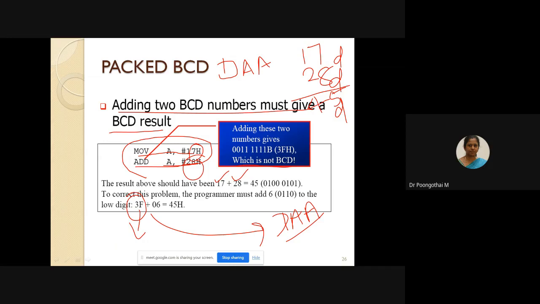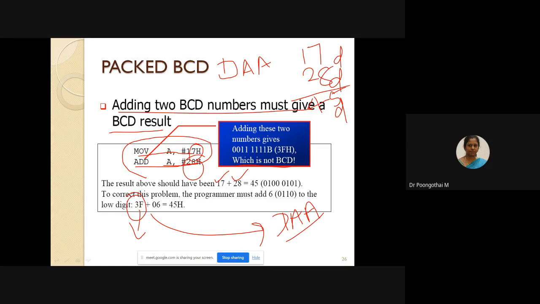Is that clear? Yes, ma'am. So here, according to this example, we have to perform BCD addition, but your microcontroller will accept only hexadecimal inputs. After addition, we are getting a hexadecimal value. To adjust the hexadecimal value into BCD, we have to use DAA. I will explain this DAA with one example.